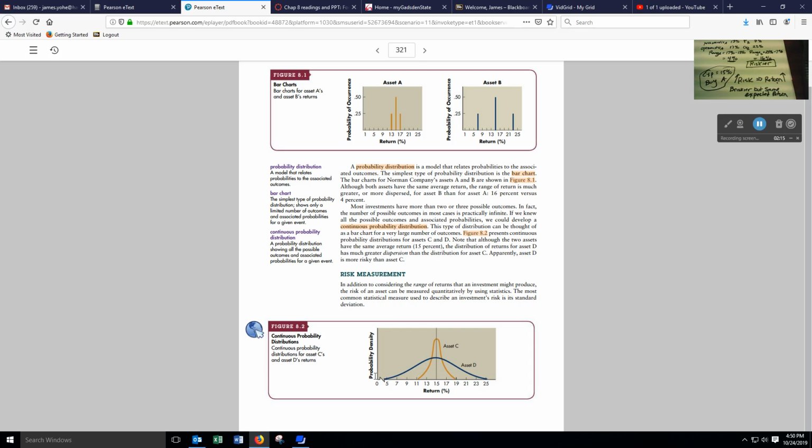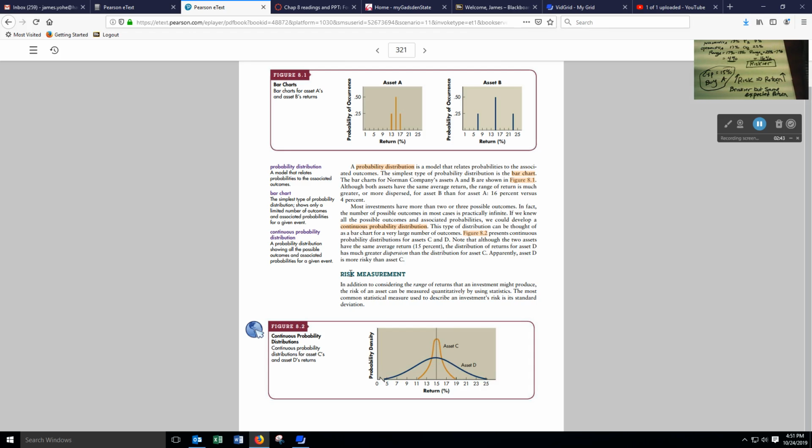Now remember, these tails go on forever, but that's what we've got. For asset D, you can see it's flatter. There's a higher probability of getting a very low return here than there is for asset C, and also a higher probability for getting large returns versus asset C.